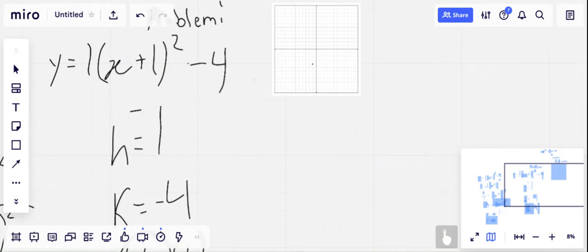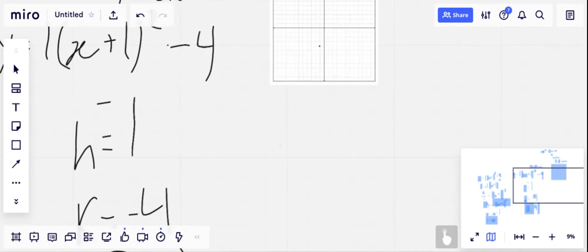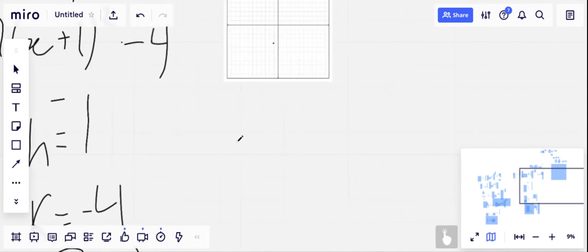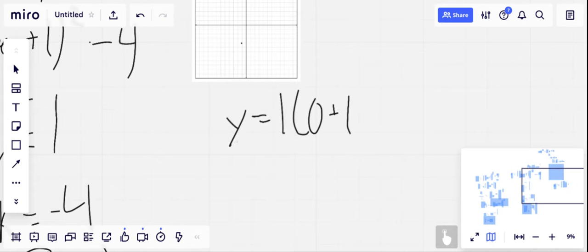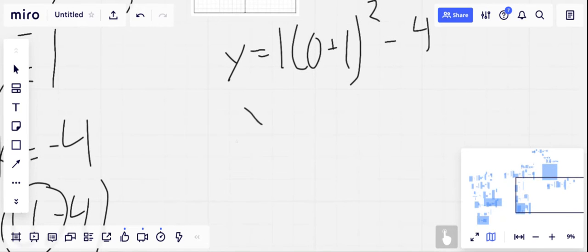We can do that by setting x equal to 0, because on the y-axis x is 0, so it's always written as 0 comma y. So let's substitute x as 0. It would be y is equal to 1 times 0 plus 1 whole squared minus 4. We can evaluate this further to be 1 times 1 squared minus 4.